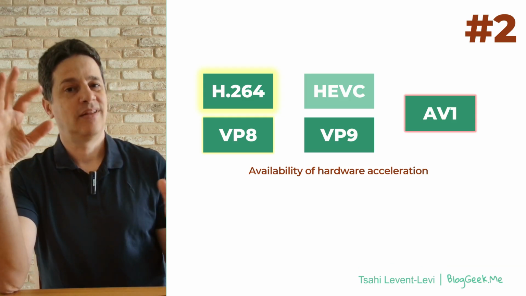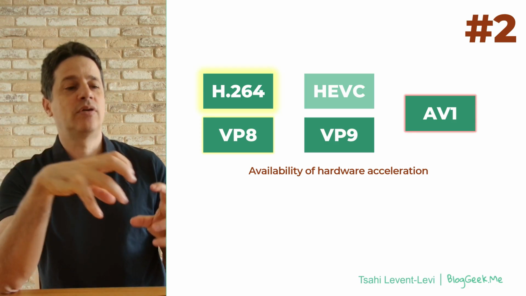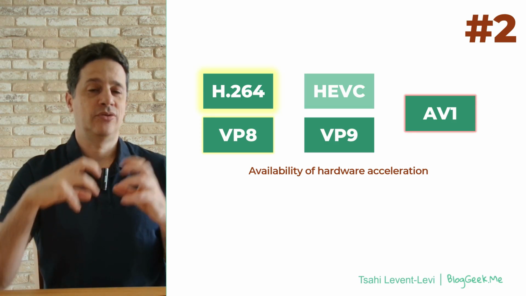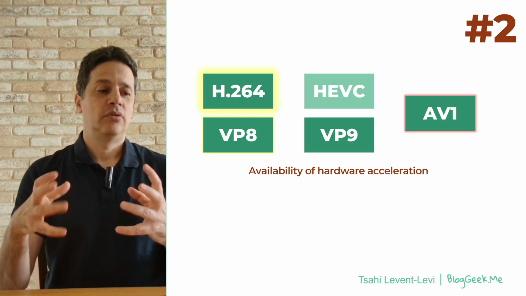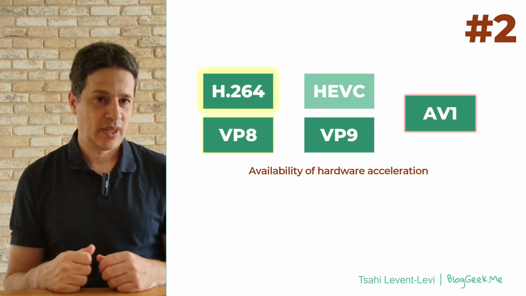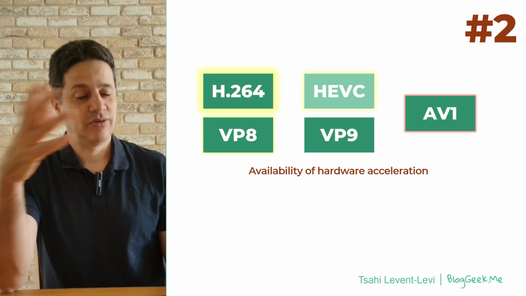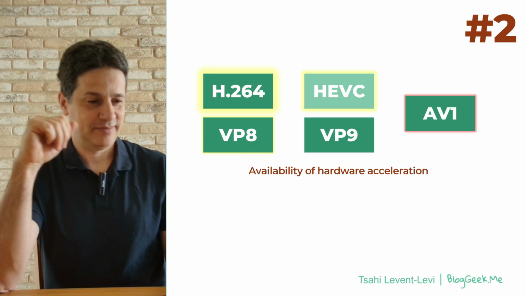Where it's not, there might be an issue. So if you want to go for H.264, that's because you want to use that hardware acceleration. You know the devices that are being used, and you know that they have that available for them in WebRTC. HEVC got hardware acceleration on the devices that it exists on, Apple devices.